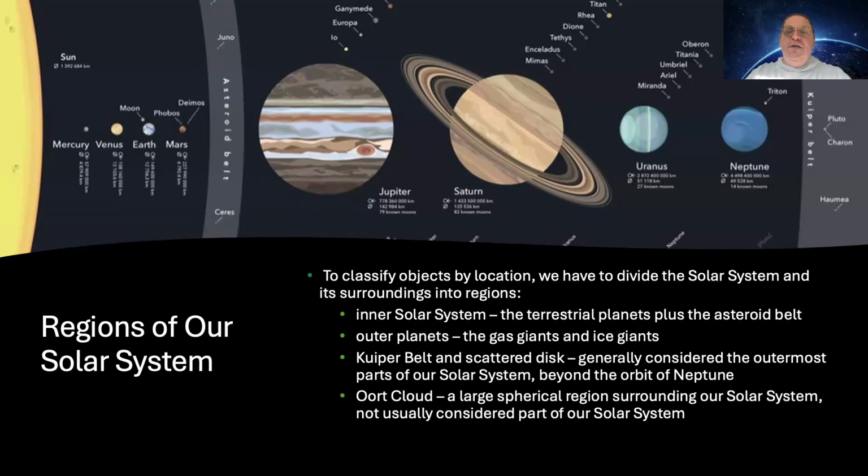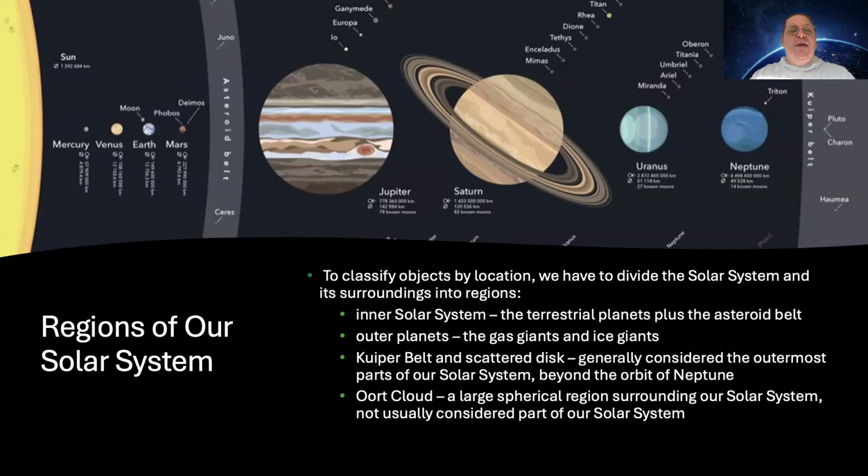That is the region occupied by the terrestrial planets. Then you have the asteroid belt, which seems to be a demarcation between the terrestrial planets and the Jovian planets. The Jovian planets are both the gas giants, Jupiter and Saturn, and the ice giants, Uranus and Neptune. And then beyond that, we have another region called the Kuiper Belt.